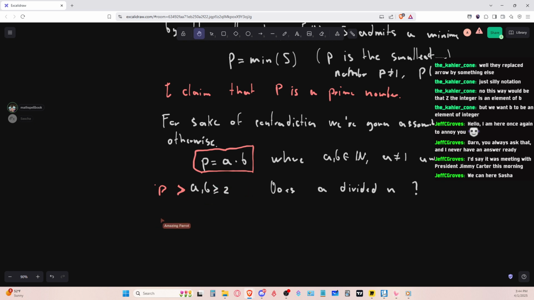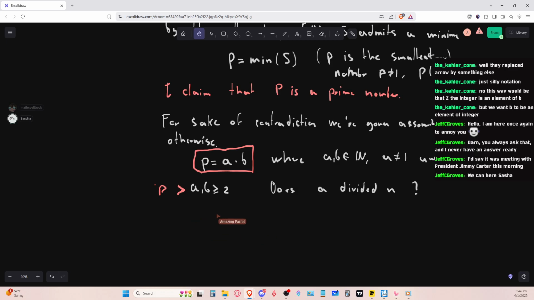If we think of P as equal to A times B, we would say that P is a multiple of A. So in this case, if P is a divisor of N, then we would have to assume, based on that definition, that A would have to be a divisor of N.